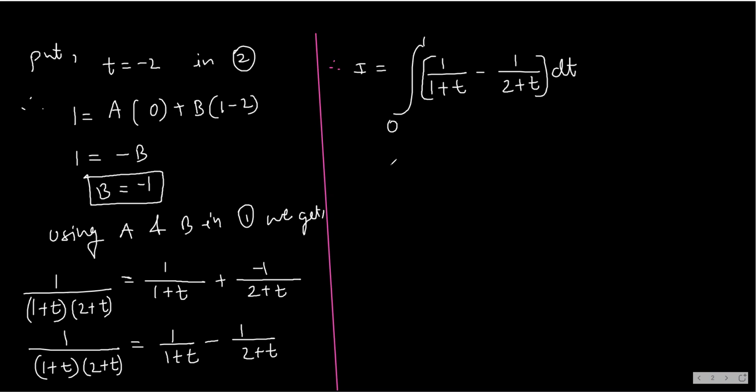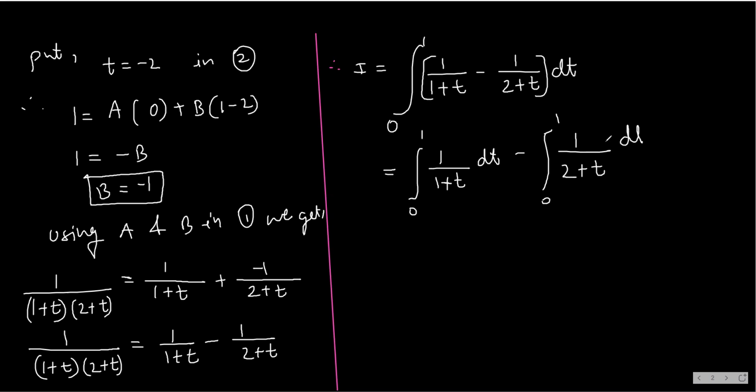I write separate integrals, so I have here 0 to 1, 1 upon 1 plus t dt, and minus 0 to 1, 1 upon 2 plus t dt.